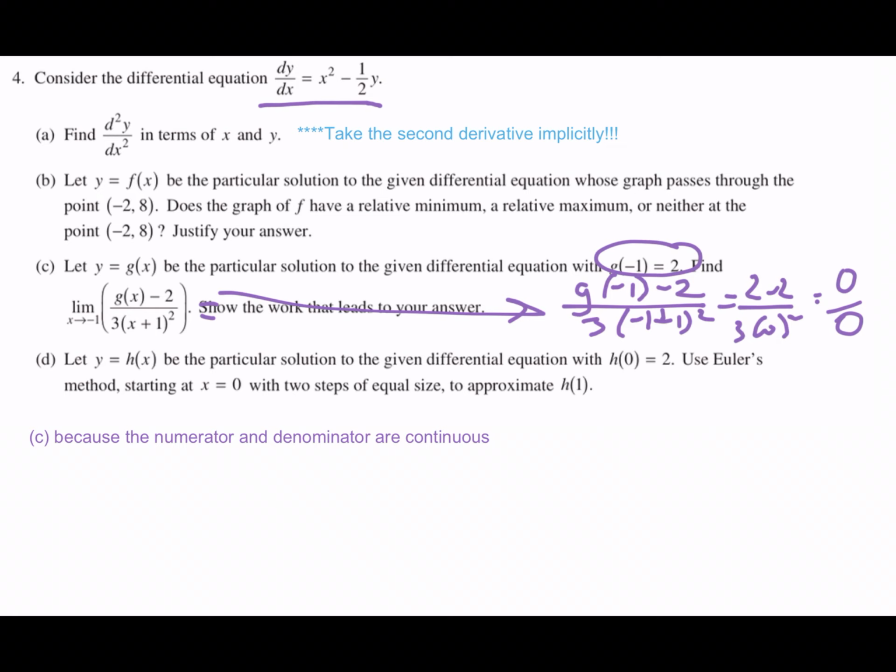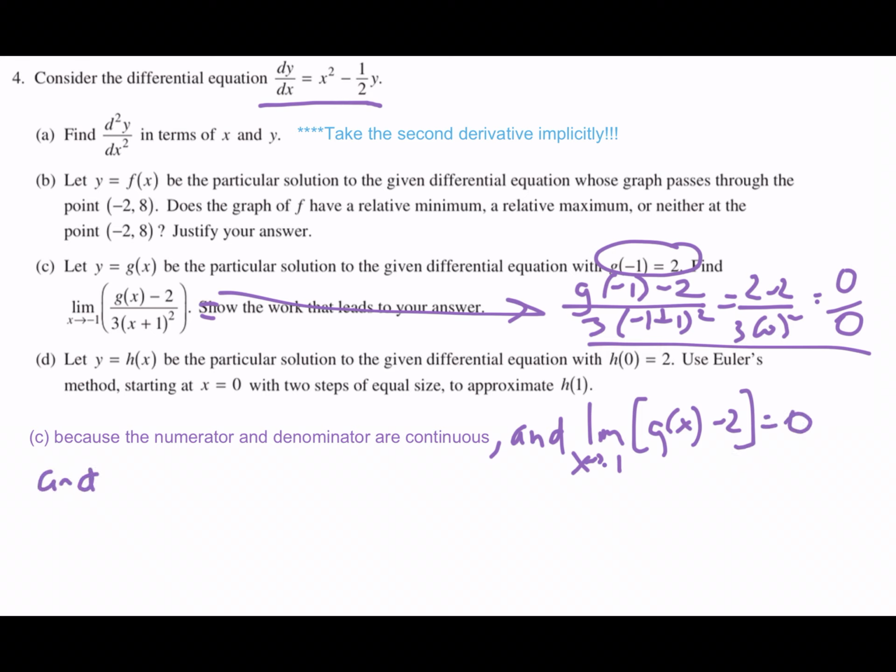And I know that this is silly, because we showed that they're both approaching 0, but you now have to say that the limit as x approaches -1 of the numerator, g of x minus 2, equals 0, and the limit as x approaches -1 of the denominator, 3 times (x plus 1) squared, also equals 0. You need to show them separately. I can't tell you why, it's what AP wants, so don't complain about it. We're just going to put it on your quick review sheet.